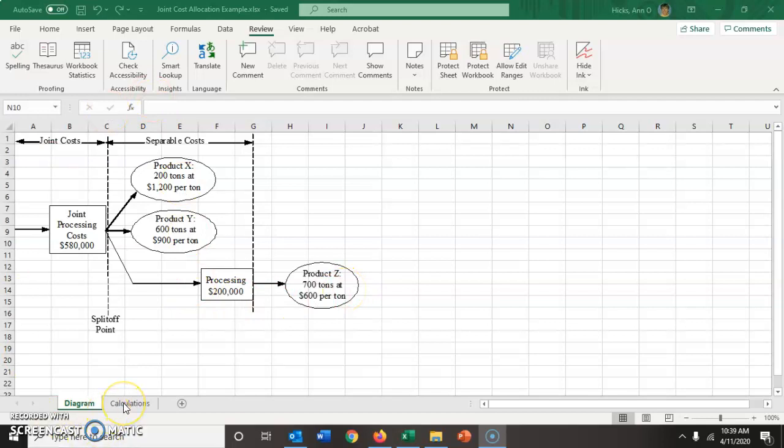Now, let's look at some calculations in terms of how we go about allocating the $580,000. The $200,000 isn't an issue because it is solely dedicated to the production of product X. The only issue is, how do we take these $580,000 in joint costs and allocate them to the different products?